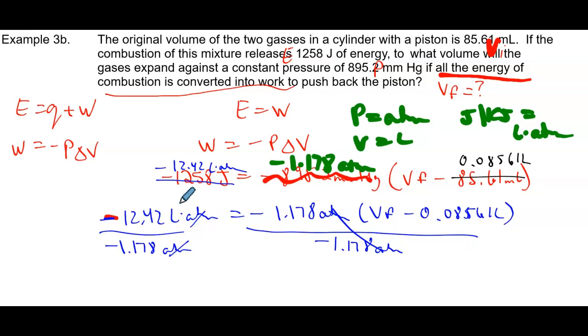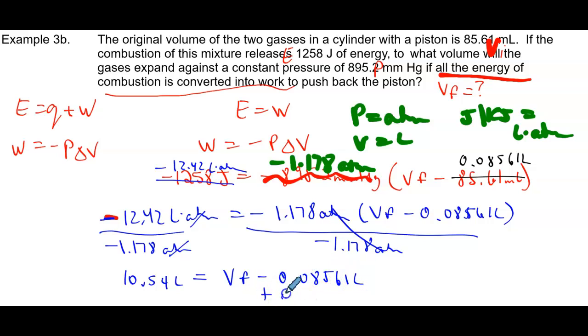Mathematically then, negative 12.42 divided by negative 1.178, negative divided by negative, equals 10.54 liters equals VF minus 0.08561 liters.